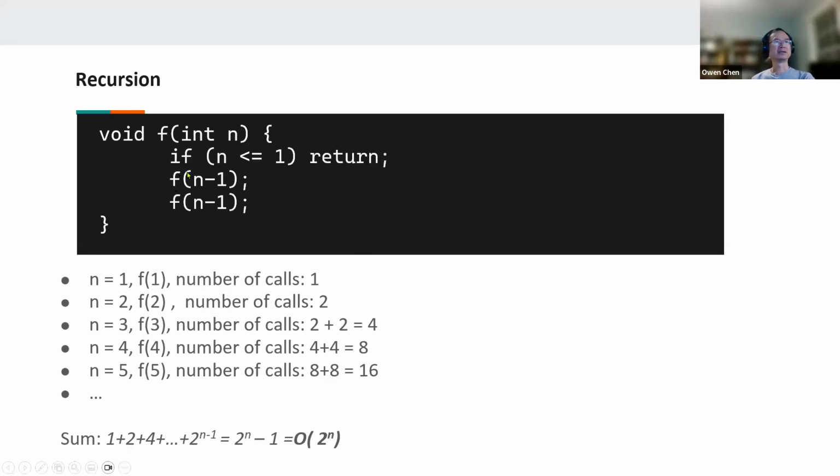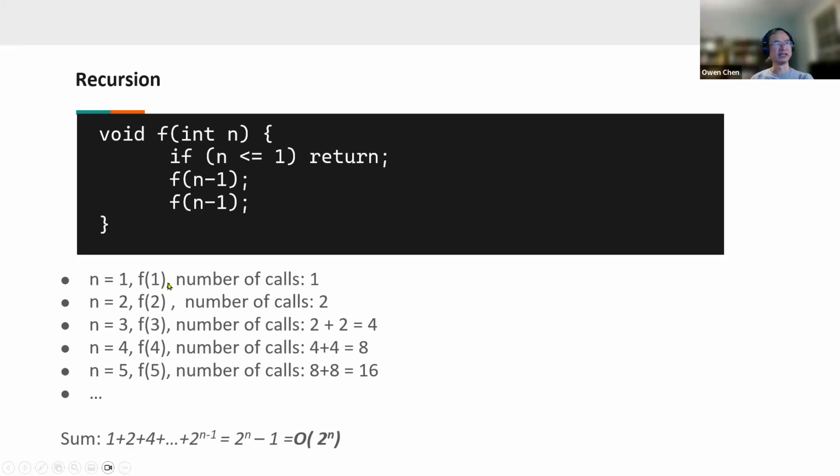Okay, what about this example? This one is calling itself twice: it decreases the input by one, but calls itself twice. You might think this is just 2 times n, or n squared, and that's probably your intuition.